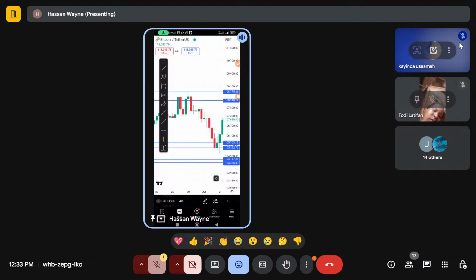This one was the confirmation candle. After that, I enter the market. For futures traders, you short the market. For spot, you leave the market because you only have one direction in spot.